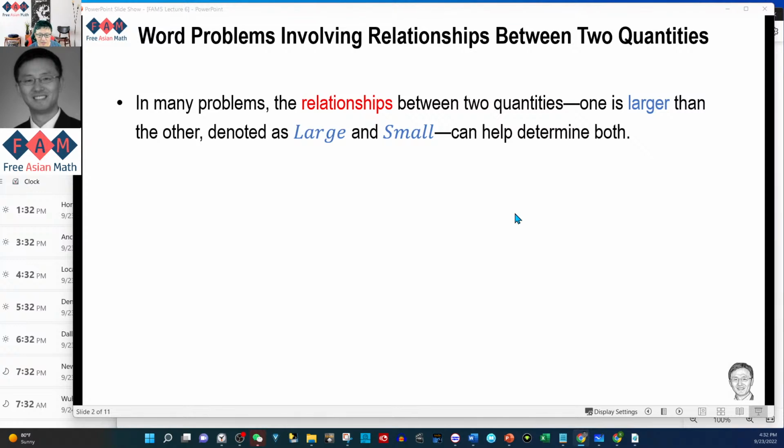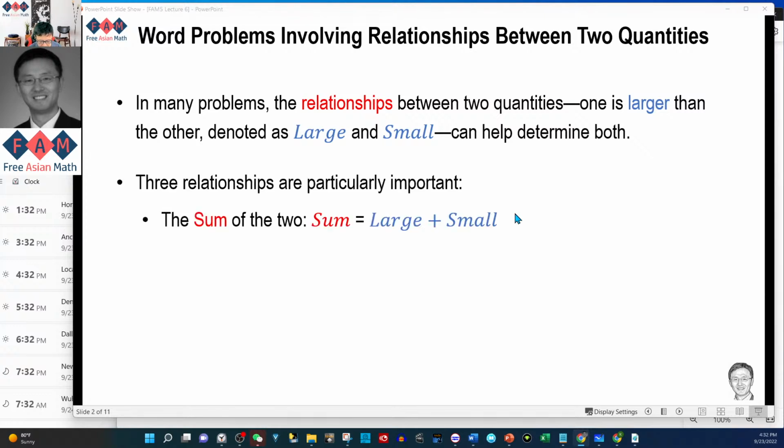Well, apparently you can think about the sum of those two numbers, right? So if we call the larger number "large", here we denoted in this italic form, and the other number "small", then we can get the sum or the total of the two numbers. So apparently that's a very important relationship.